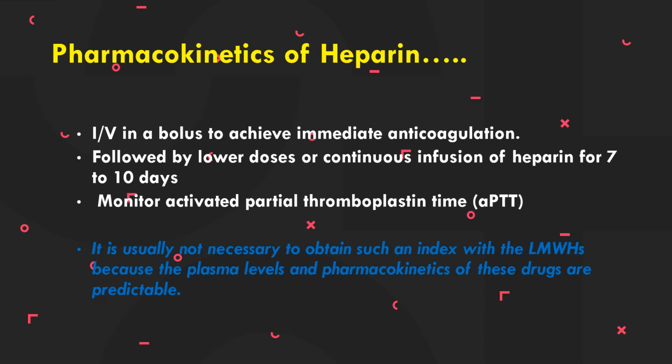In case of heparin, you have to monitor the APTT, which is activated partial thromboplastin time. This often comes in your MCQ: for the monitoring of heparin, which parameter are you going to check? For heparin you have to see the APTT, activated partial thromboplastin time.